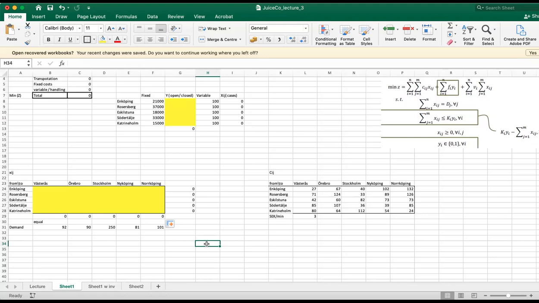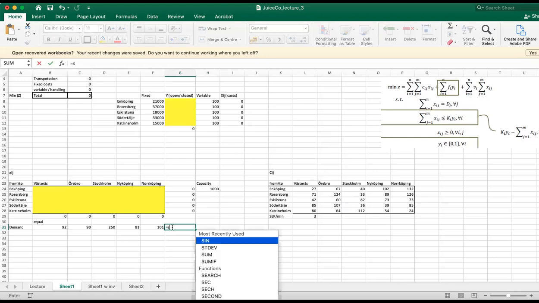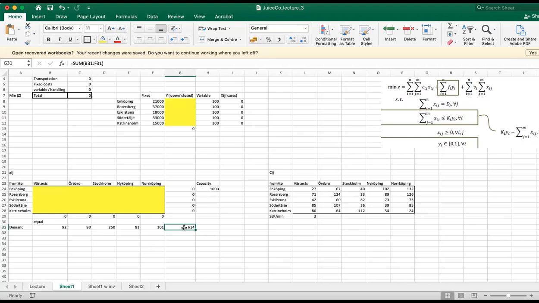Now, we have to put the capacity constraint. First is the capacity constraint, and I will lock it at 1000. We were not given this constraint. If it's not given, you could see here the sum of the demand is 614, and you could lock it up to 650 or maybe 700, but I want to use this 1000.